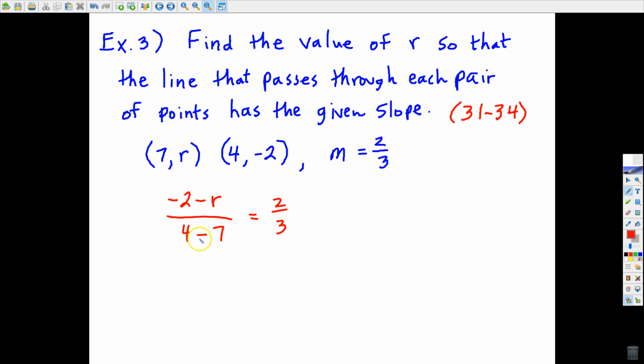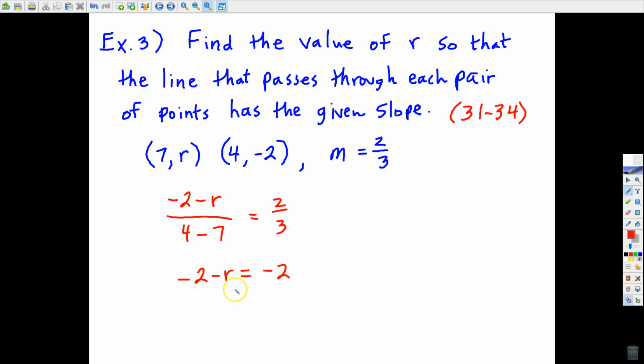All right, so 4 minus 7 is negative 3, so we can basically multiply by negative 3 on both sides to clear that denominator. And multiplying by negative 3 gives us negative 2.